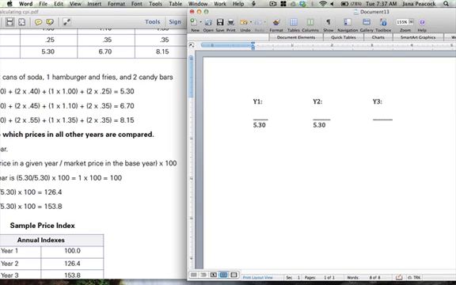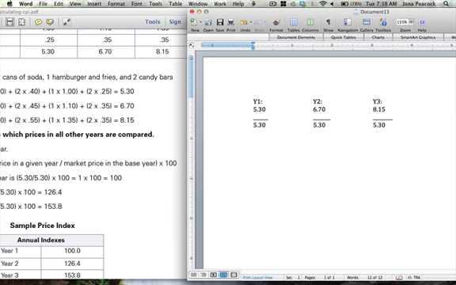So that's what we're going to divide by, and that's going to go on the bottom of our fraction. For year 1, since that's our base year, it's going to be $5.30 on top as well. For year 2, here it's going to be $6.70. And for year 3, it's going to be $8.15.